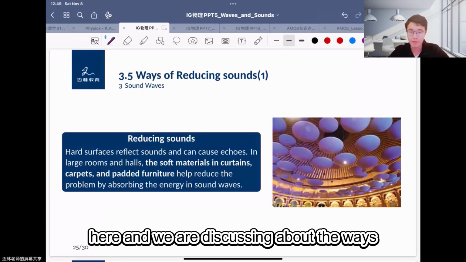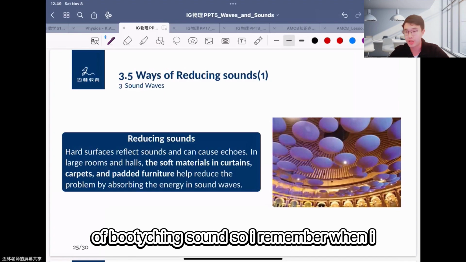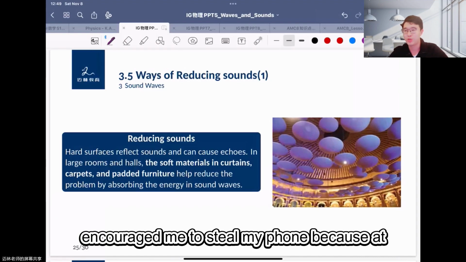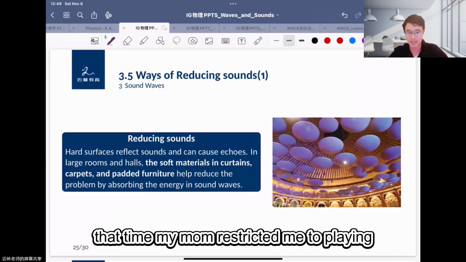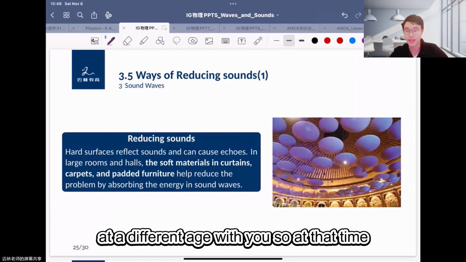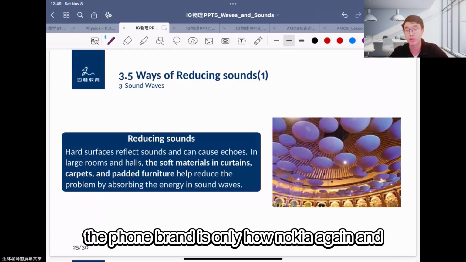So over here, we are discussing the ways of reducing sound. I remember when I was a child, I always sneaked outside to try to steal my phone, because at that time my mom restricted me from playing on the phone. Maybe I was at a different age from you. At that time, the only phone brand was Nokia.